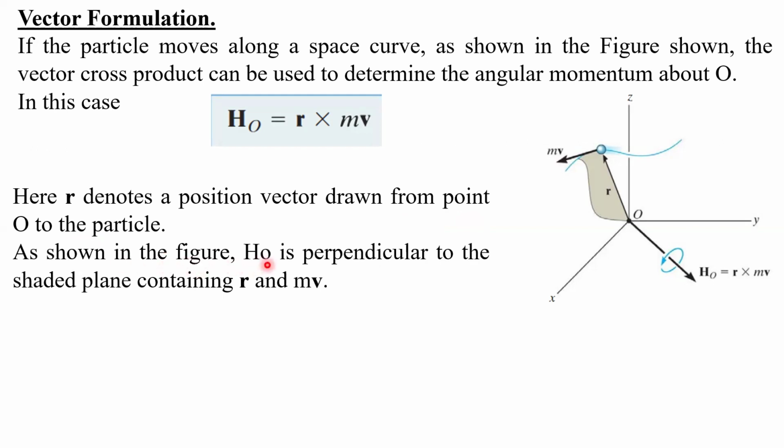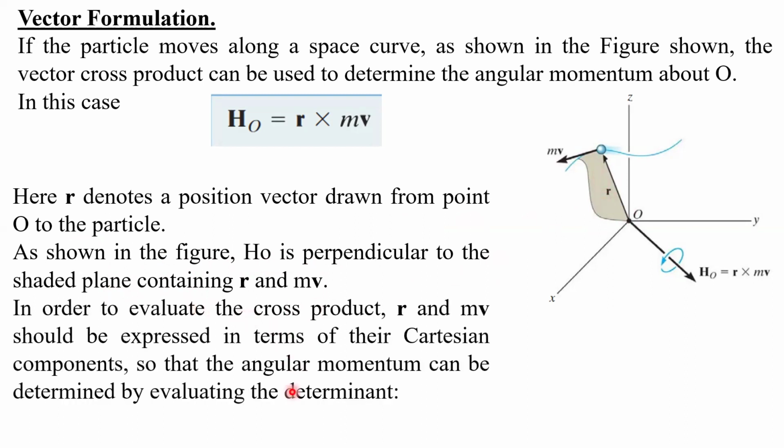As shown in the figure, H_O is perpendicular to the shaded plane containing r and mv. r is the distance from the origin to the particle, while mv is the momentum. In order to evaluate the cross product, r and mv should be expressed in Cartesian terms, so that the angular momentum can be determined by evaluating their determinant.